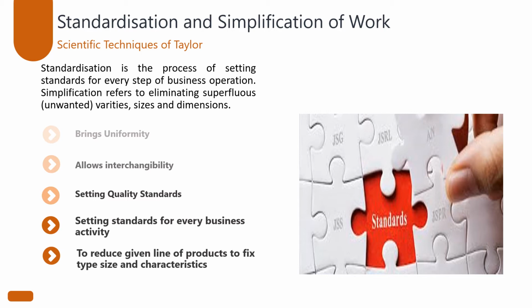It reduces the given line of products to a fixed type, size, and different characteristics required. That means it eliminates the unwanted varieties so that the resources can be best utilized in the most required varieties. So this is the technique of standardization and simplification.